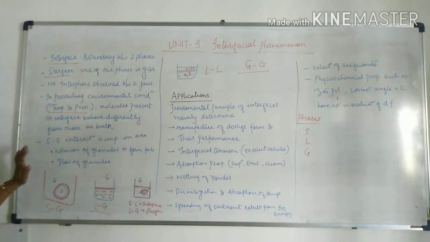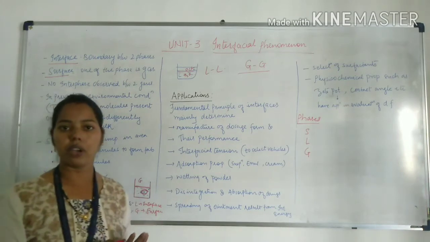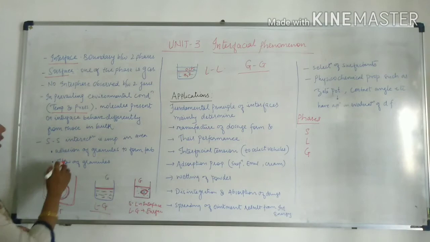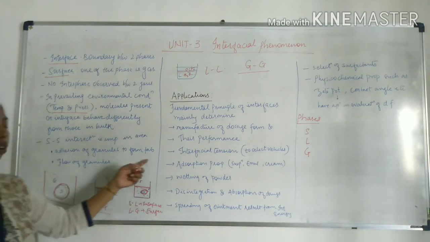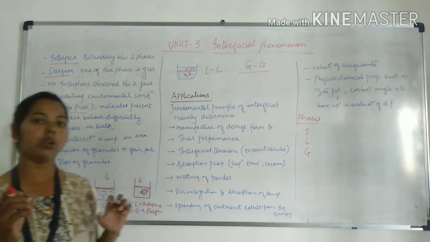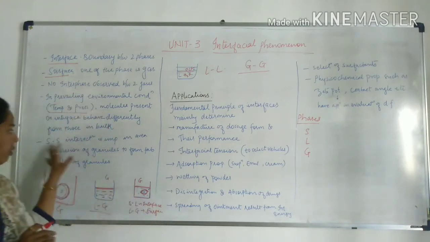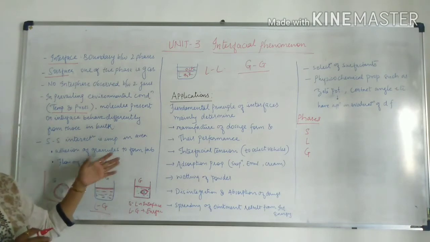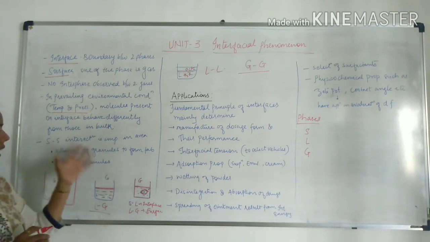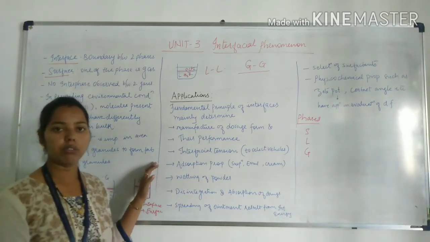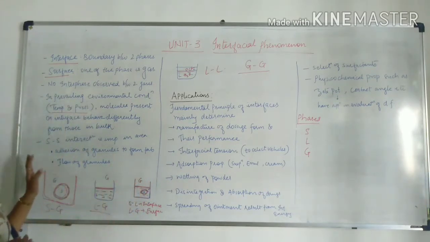After that, the solid interaction is very much important in pharmacy. Why so? Because of the addition of granules to form the tablets. It means the solid interaction is what lets us form the granules, or make them adhere with each other, so we will form granules for the tablet formulation.